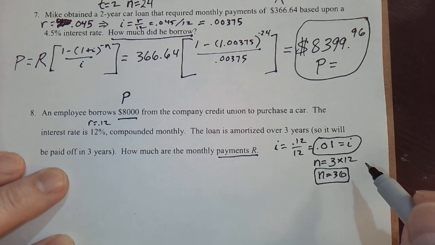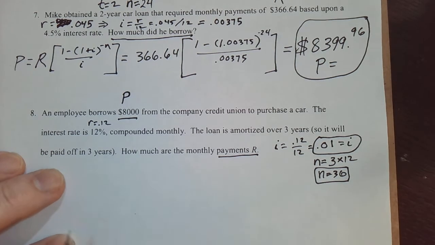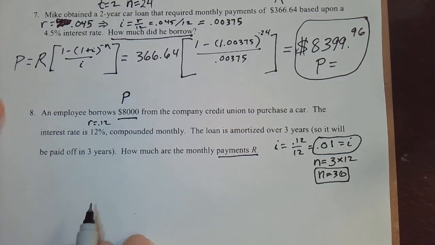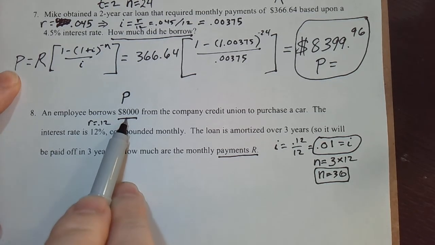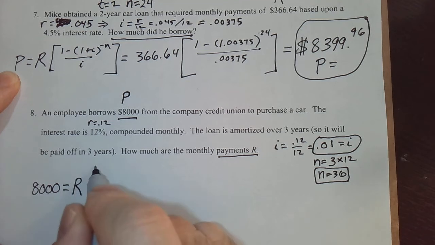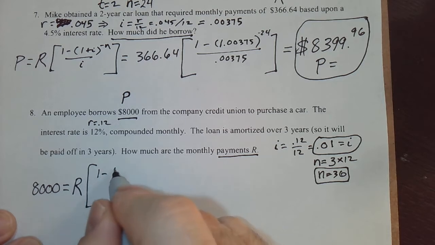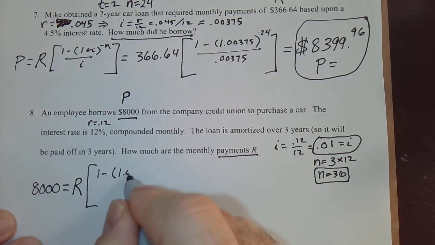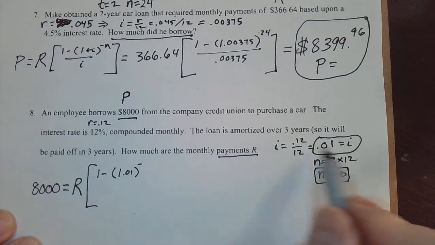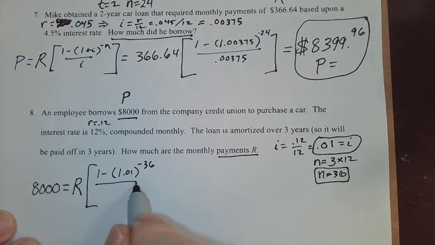I think that's all of the variables except for capital R, which we'll solve for. So we're going to have P, which is $8,000, equal to R, which we do not know, times 1 minus 1.01 to the negative N, where N is 36, over 0.01.